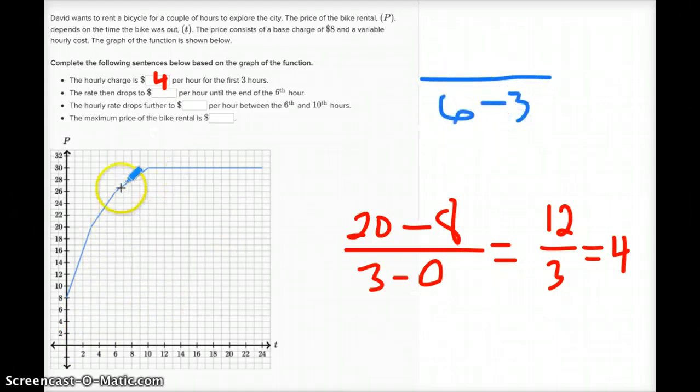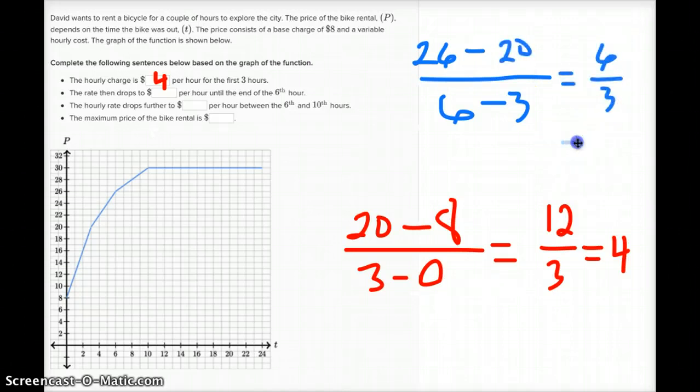And now up here, following 6 to the break gives us 26 minus 20 at 3. And that gives us 6 over 3, which is equivalent to 2. And so that's the answer for this one. It then becomes $2, and I'll write that over here, 2.